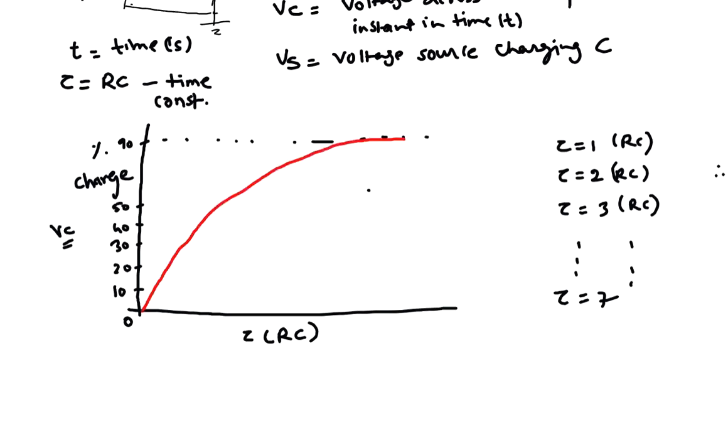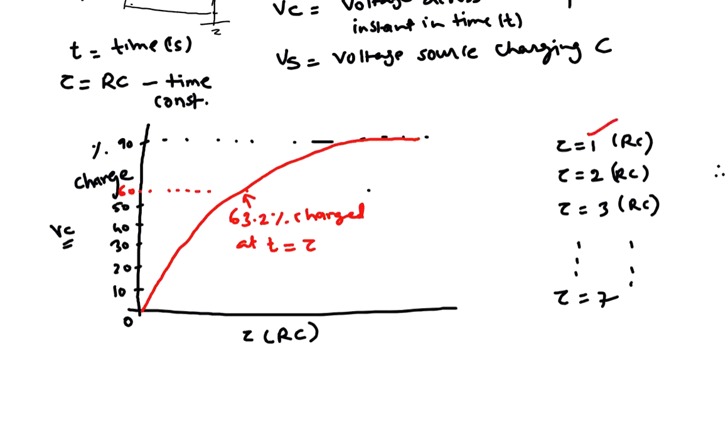You see that. So somewhere here at, let's say, 63.2%, you will say that at this point the capacitor is charged to 63.2% of its final value at t equal to tau, that is the first tau, 1 times tau.